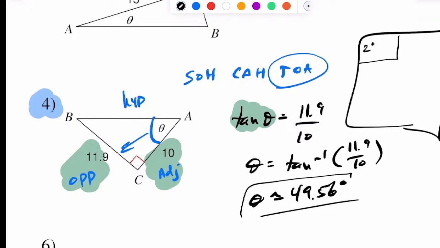But in the top left hand corner, there's a second function button. So you hit the second function button, and then you hit that button tan, because you'll notice the button of tan in this case will say tan, and then right above it, there'll be a tan inverse. That's what you get when you hit second function. So you'd hit second function, tan, and then you put your brackets, left bracket, 11.9 divided by 10 right bracket, and as long as you're in degree measure, you'll get 49.56.